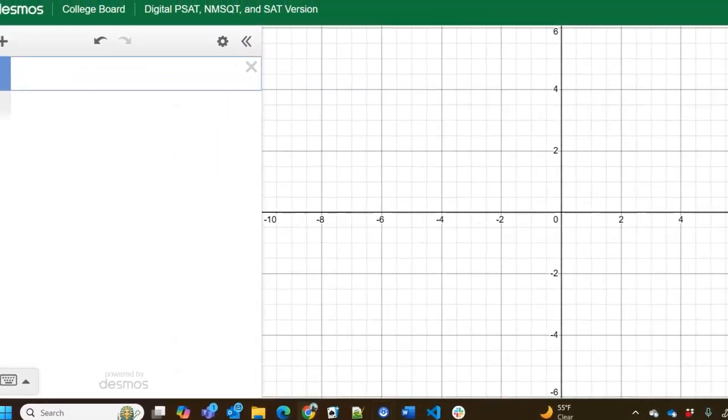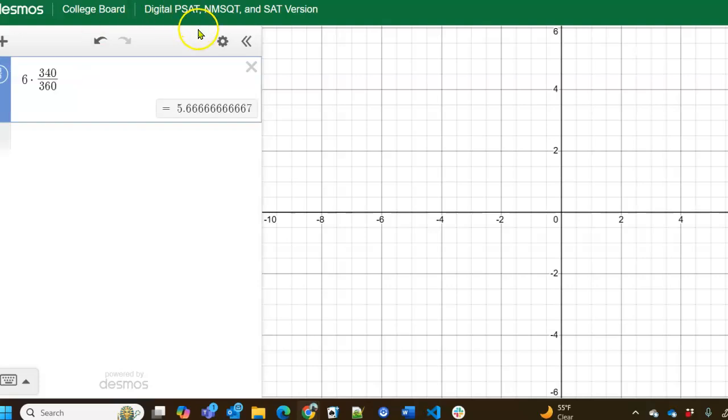The circumference is 6, and the angle is 340. So 340 of 360 is taken up by the arc. It doesn't say what to round it to, but I guess we could round it to like 5.67.